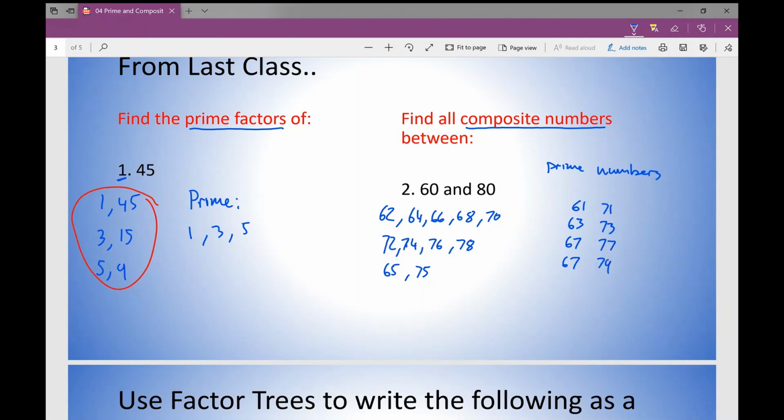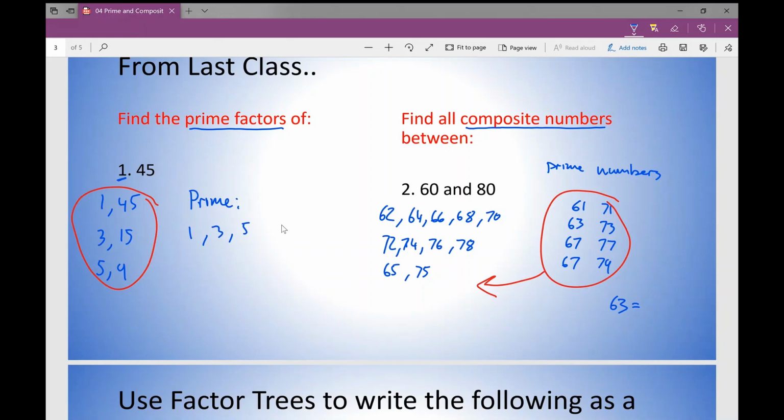Now we just have to decide, out of these 8 numbers, are any of them prime or do any of them need to go over here? So, let's think of any ways that we can make any of these numbers. I can think of a way that we can make 63.